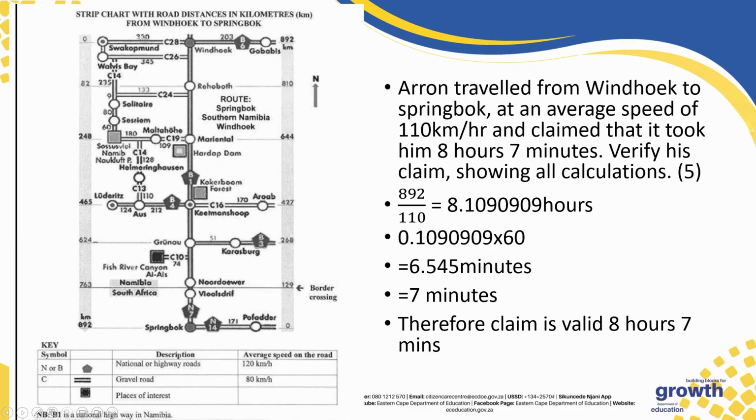However, remember, you can use a calculator. If you take a calculator, you will see that there is a button which is called fact on the Casio, and on the Sharp it is DMS. So after you divide here and you get 8,10900, you can just click that button.